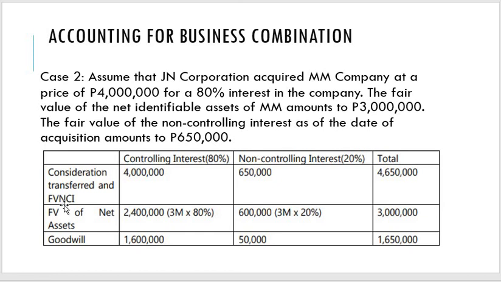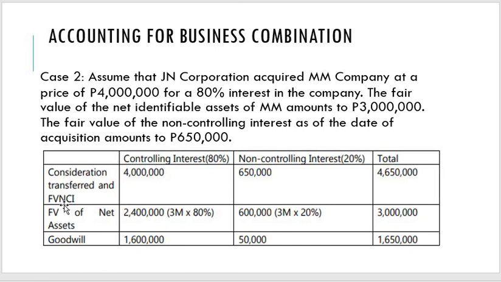So the difference from earlier is that earlier, we used fair value or full goodwill, but since the fair value of non-controlling interest was not given, we assumed it. So, in case 2, the fair value of non-controlling interest is given. So, we'll use the fair value of non-controlling interest.